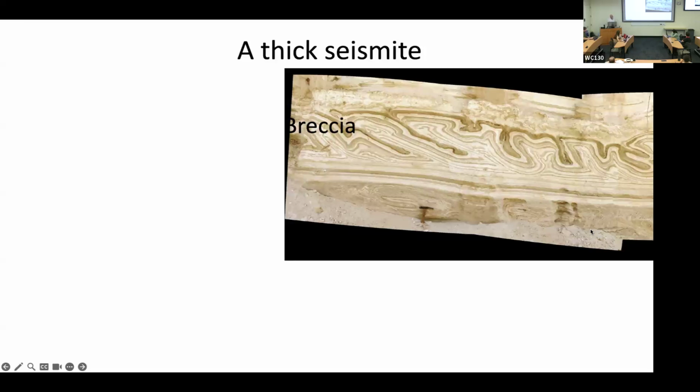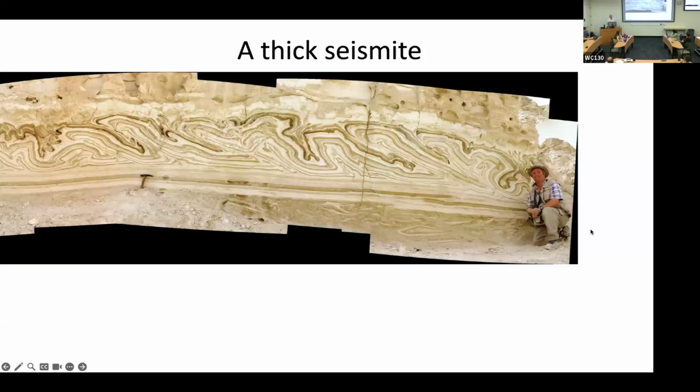Shimon, what's the scale of each of those curves? Like meters or? So here you can see a person. So in this case, the whole layer is about a meter and a half. You can see it's thickened because originally it was much thinner, but it traveled and accumulated.